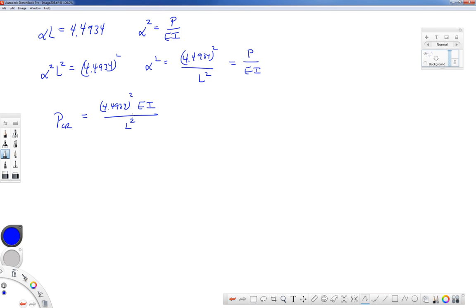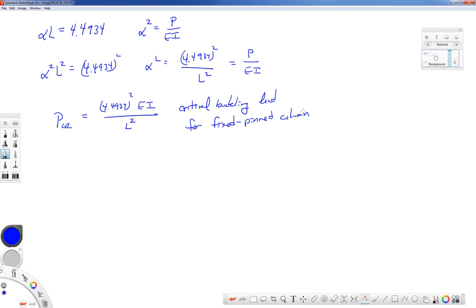So let's label this. That's our critical buckling load for a fixed and pinned column.